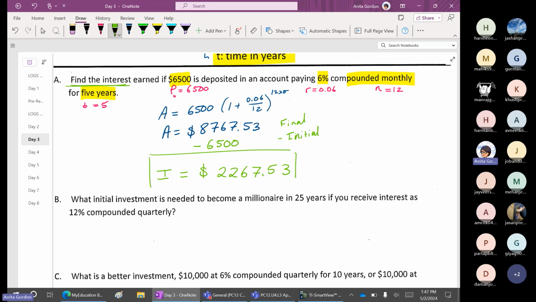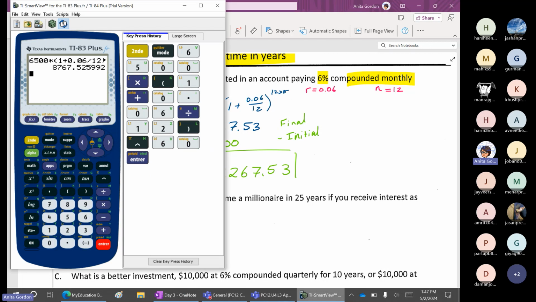Okay, I see a few people still struggling with their calculators. Do you need a minute to try that again? Okay, take a minute, try it again. You want to see my calculator? Here you go.